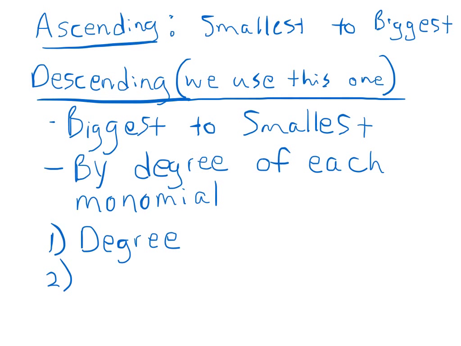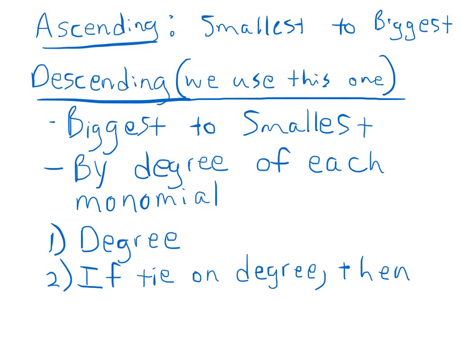Now, if there is a, let's write this, so if tie on degree, we look at, let's just say then, use alphabetical. Okay, and I'll go over a few examples of that in a second here. Okay, I'm going to move on, so if you're not done, hit pause. Okay.